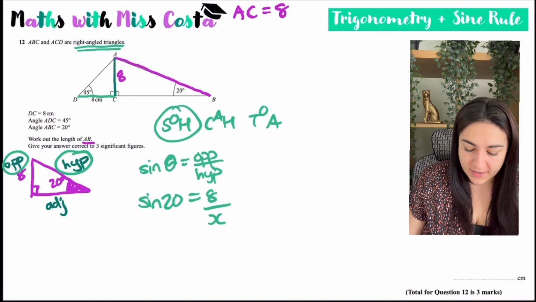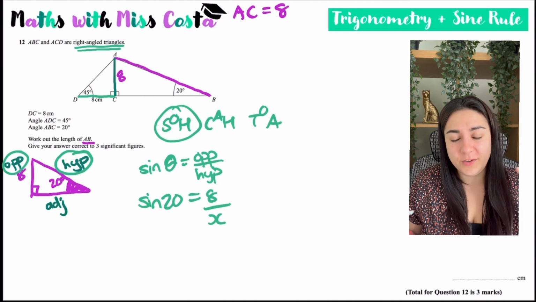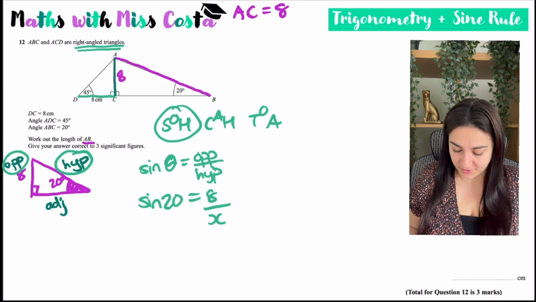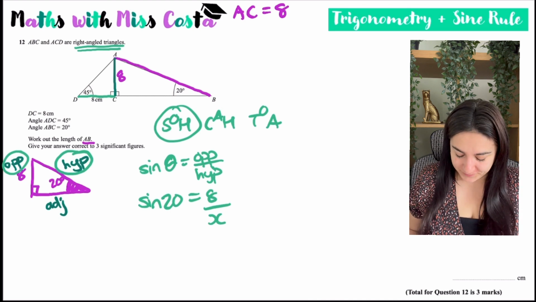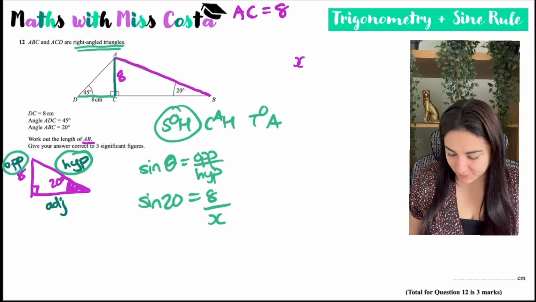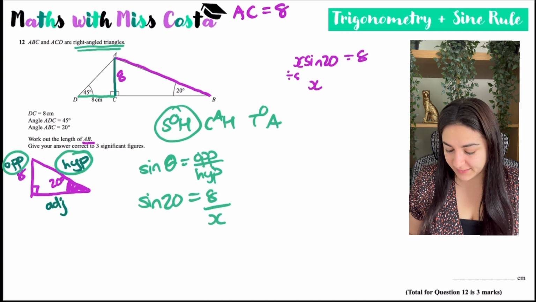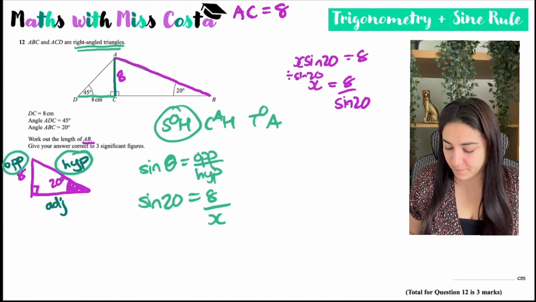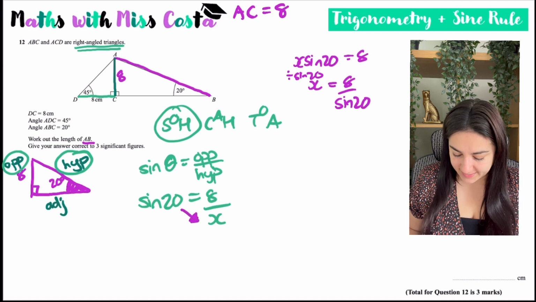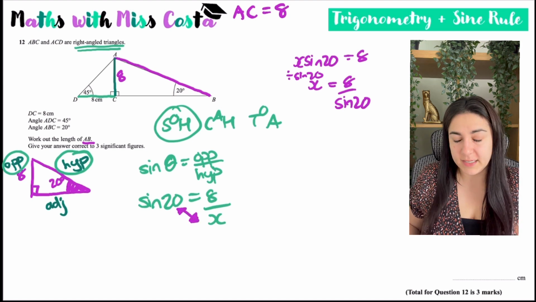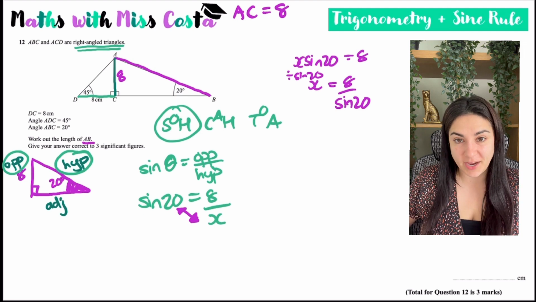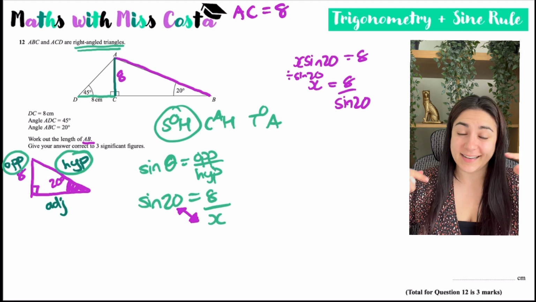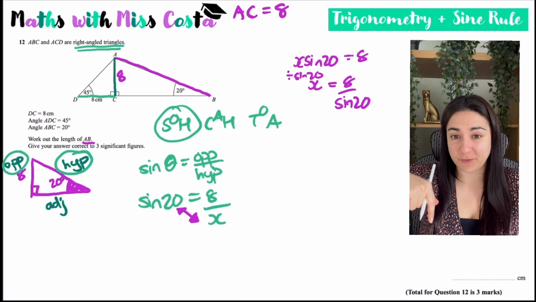Now, this is where a lot of people get really confused. So you're trying to rearrange to change the subject. The proper way is you'd multiply it, so that would become X sine 20 equals 8, and then you'd divide by sine 20. So that would be 8 over sine 20. But the shortcut way is, if you're wanting to make X the subject and X is on the denominator, you can just flip them.